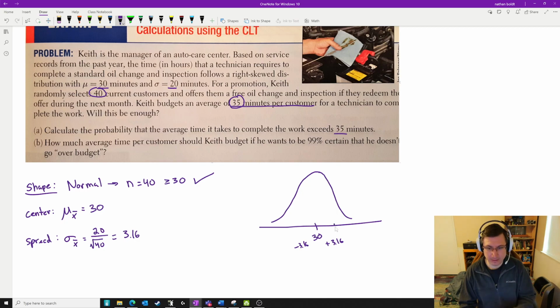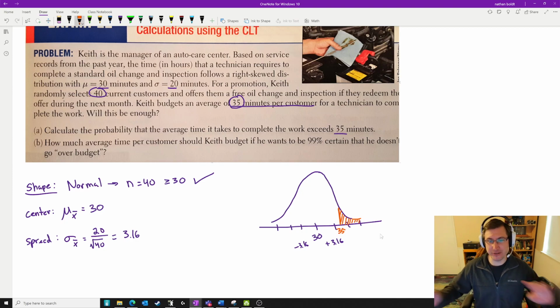So Keith is budgeting an average of 35. So what are the chances that a sample of 40 exceeds an average of 35 minutes? Because if the sample exceeds 35 minutes as an average, he didn't budget enough time. The lows didn't balance out his highs, and he went over.